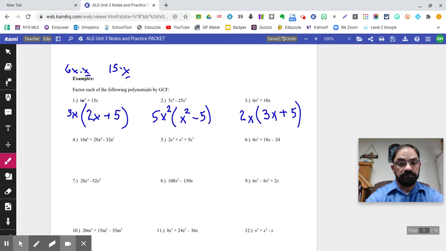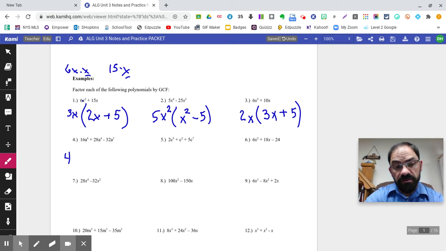Number 4. Same thing, but moving to 3 terms. So between 16, 28, and 32. 16 does not go into 28. So the next factor of 16, 8, does not go into 28. 4 goes into all of these. Yes, 4 is the biggest GCF. A to the 6, a to the 4th, and a squared.